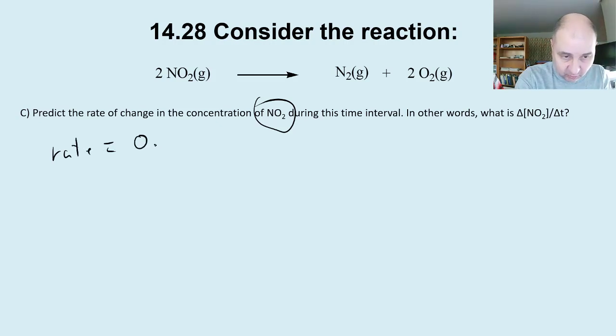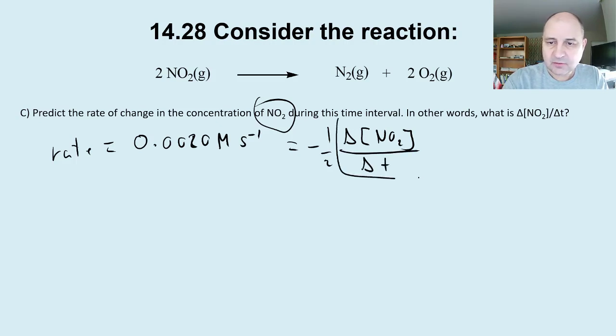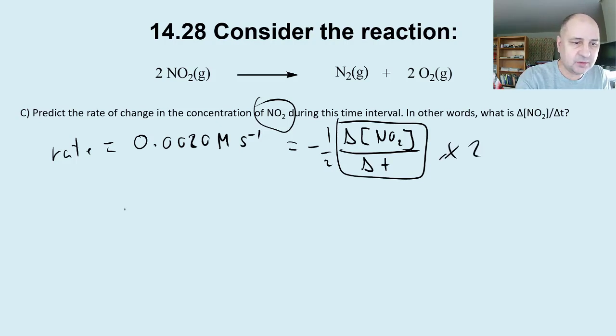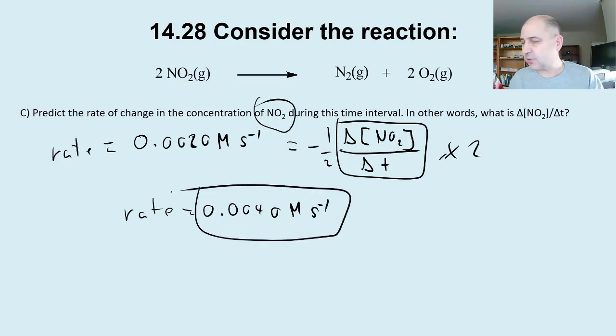It is 0.0020 M per second, and of course the rate is equal to minus 1/2 times the change of NO2 divided by delta T. So we multiply both sides by 2, and so the rate with respect to NO2 is simply twice that, so that's going to be equal to 0.0040 M per second.